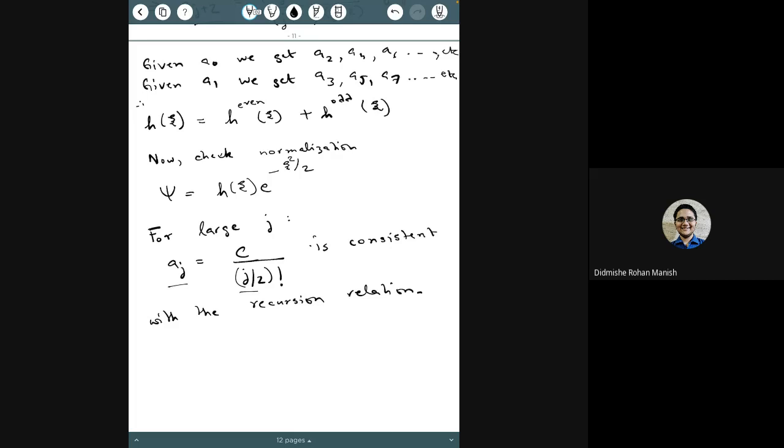When you have j by 2 factorial and j is odd, you have to ignore the remainder. So this is an integer division where you ignore the remainder. This is like in programming: if you divide an integer by an integer and store it in an integer, you only get the quotient and not the remainder.